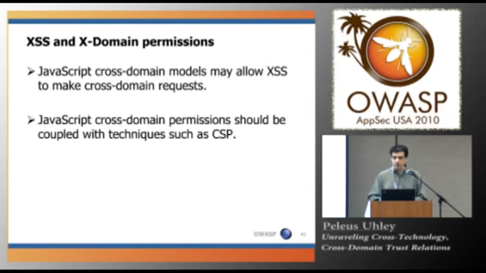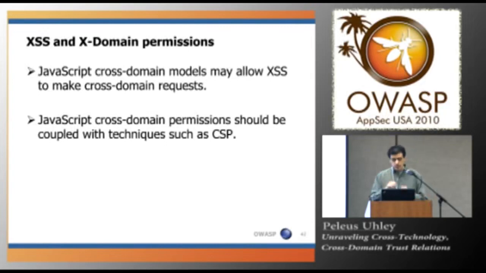But with JavaScript, if I can find cross-site scripting, then I can get my malicious code to execute in your domain without having to upload anything, right? I just send a malicious string in the URL, and that gets reflected back in the page. And anything I send as JavaScript that gets reflected back into the page is going to be executing in the context of the page I'm cross-site scripting in.